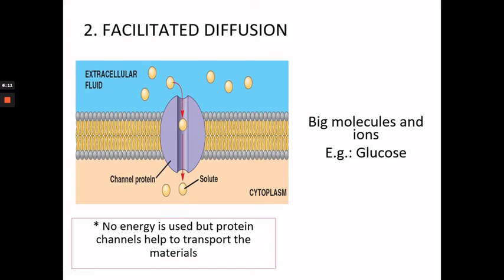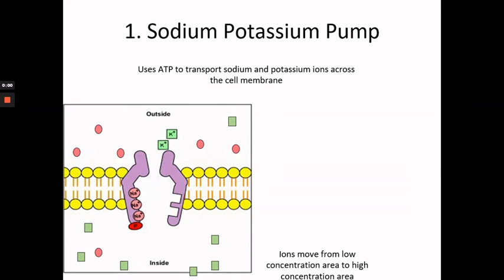But the difference is we need proteins to help to move the materials, maybe because the materials are a bit large, like glucose, or they simply cannot pass the phospholipid bilayer. So this is facilitated diffusion. There is no use of energy, but we need proteins to help to move the materials.